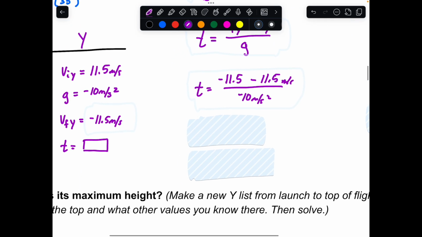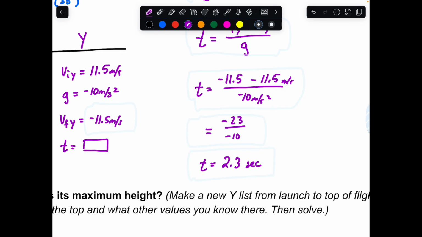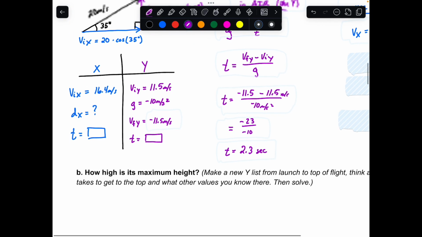I'm choosing a negative 11.5 as my final velocity, minus 11.5 as my initial velocity, divided by negative 10, which is the acceleration of gravity downward. That makes negative 23 over negative 10, or about 2.3 seconds.